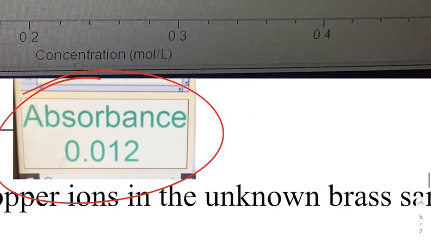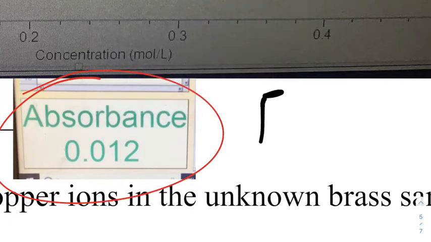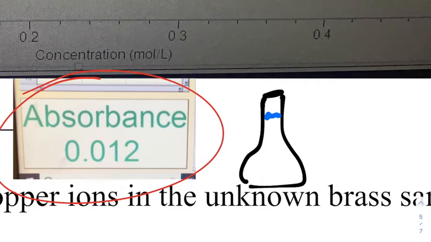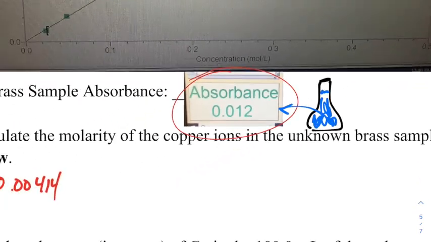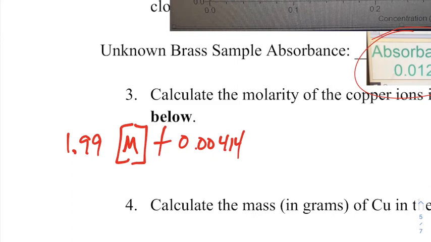This was for my big volumetric flask, if you remember, that had the dissolved screw in it, and then I added in all of that water up to that particular line. So a sample of that gave an absorbance of 0.012 units. So if that's the case, then my absorbance, 0.012, equals all of that.